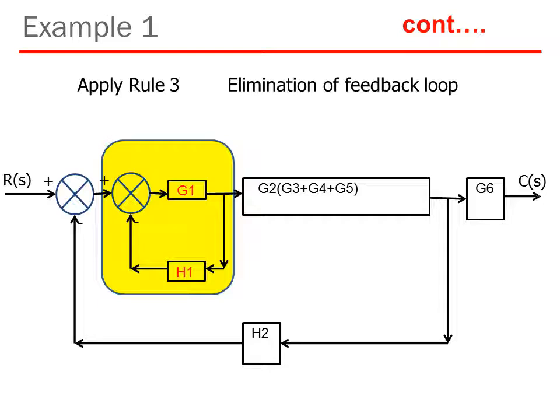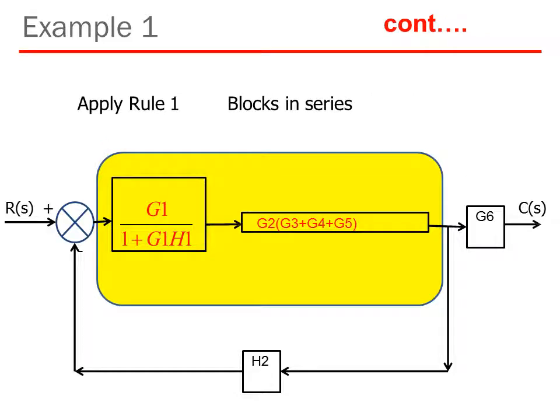Now we can eliminate the feedback loop, that is, we have to apply rule 3. After applying rule 3, the diagram will become G1 divided by 1 plus G1 H1. The second block that we have already compacted is G2 into G3 plus G4 plus G5.